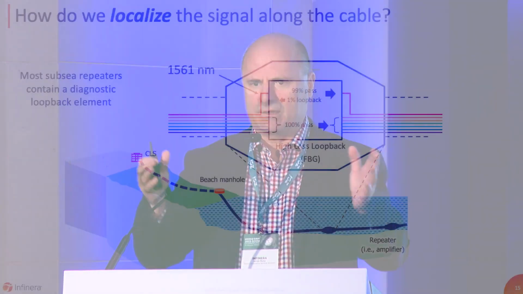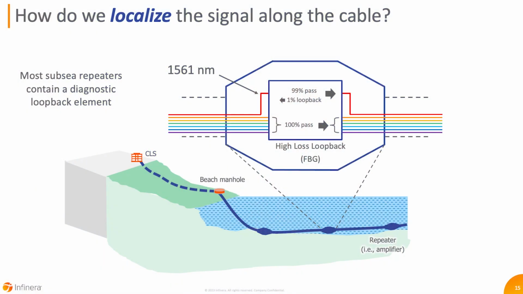So the idea is, how do we localize the seismic event? From the early 2000s onwards, most subsea cables and repeaters have been built with what we call a high loss loopback. Most of the waves go into the repeater, are amplified and propagate through.